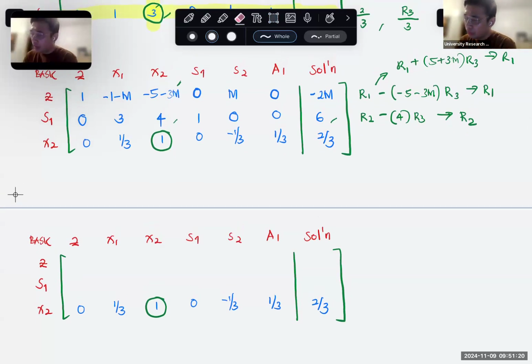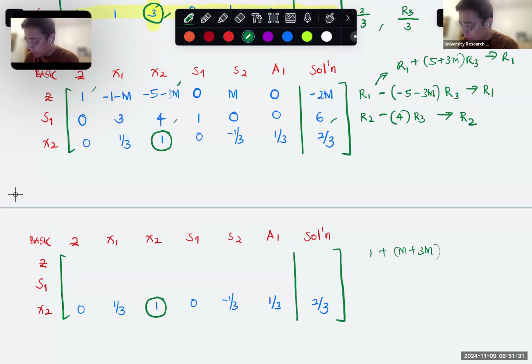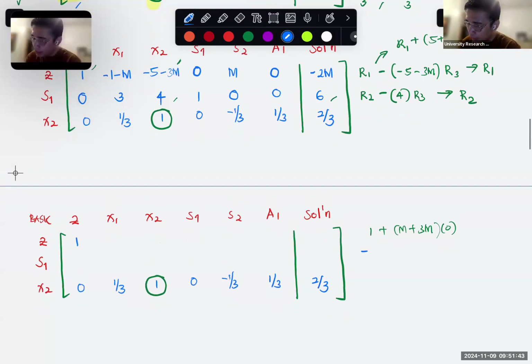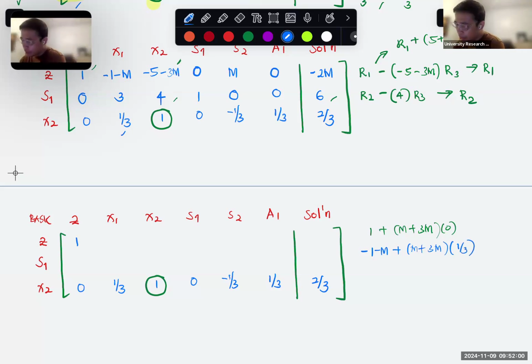So our R1 is 1. This is it, 1. The plus 5 plus 3M. Our R3 is 0. So since it is 0, this one would just become 1. Next is the negative 1 minus M. Then plus M plus 3M, times our R3, which is 1/3. So if we look at that, we'll have negative 1.